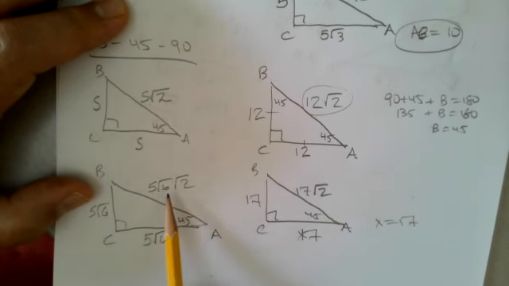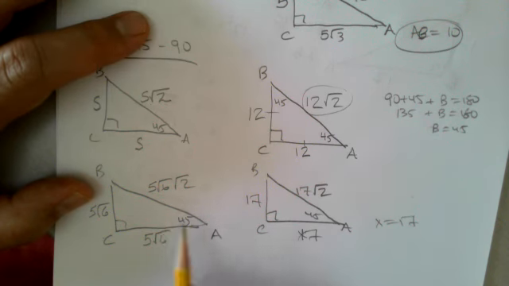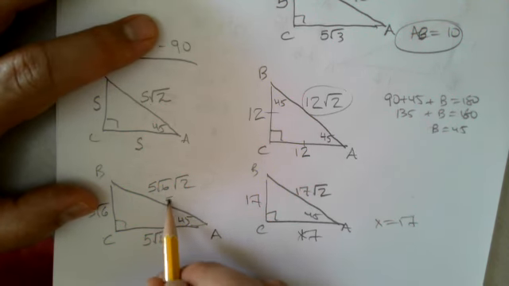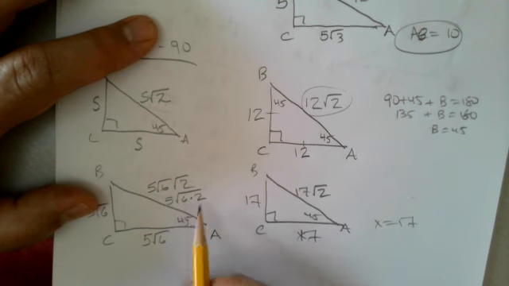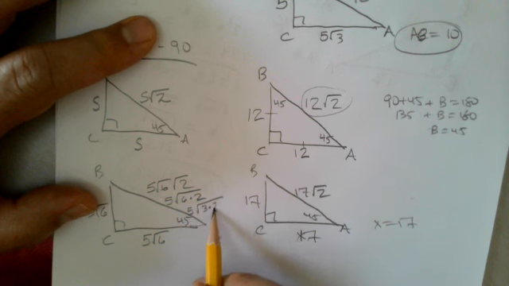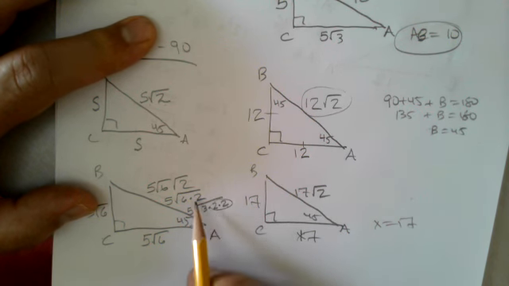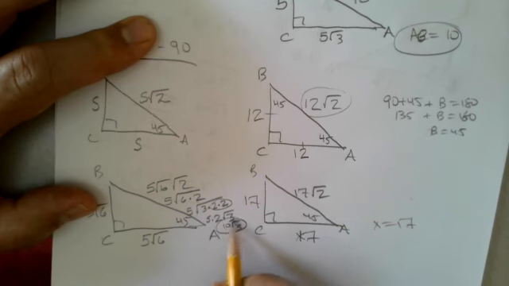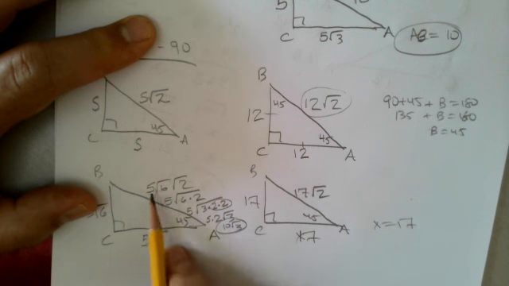And that is the answer. It's just not simplified. We'd need to go through our process of simplifying radicals to say that it's 5 root 6 times 2. Instead of 6, I'll call it 3 times 2 times this 2. I see that these 2's pair up, so they get to come out. And I get 5 times 2 root 3. 5 times 2 is 10. So in this case, it would be 10 root 3 for this side length.